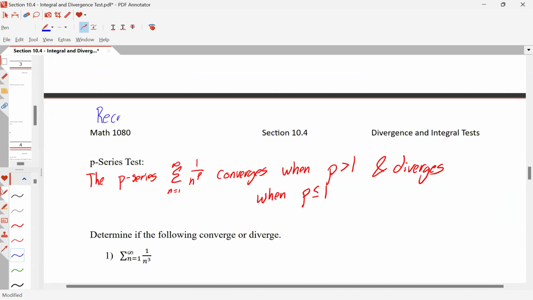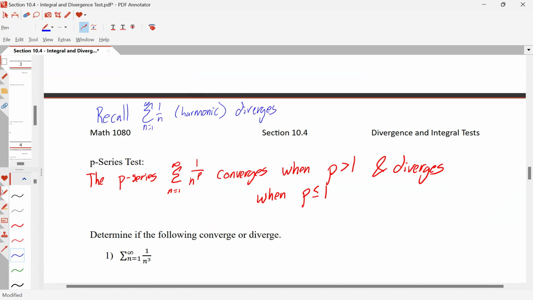Recall also from the first video of this section that the series 1 over n, which is the harmonic series, diverges.